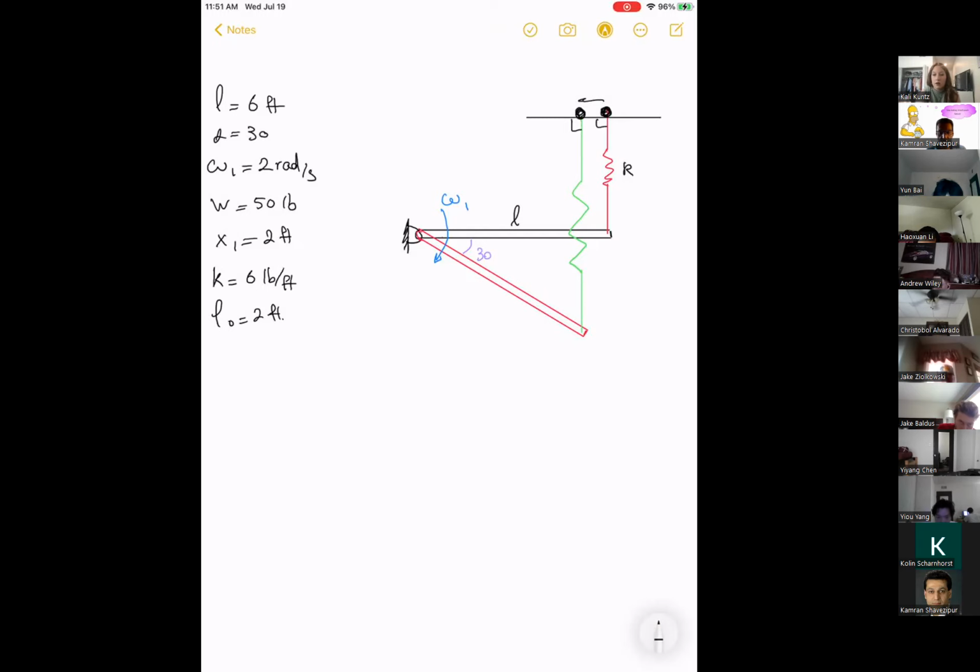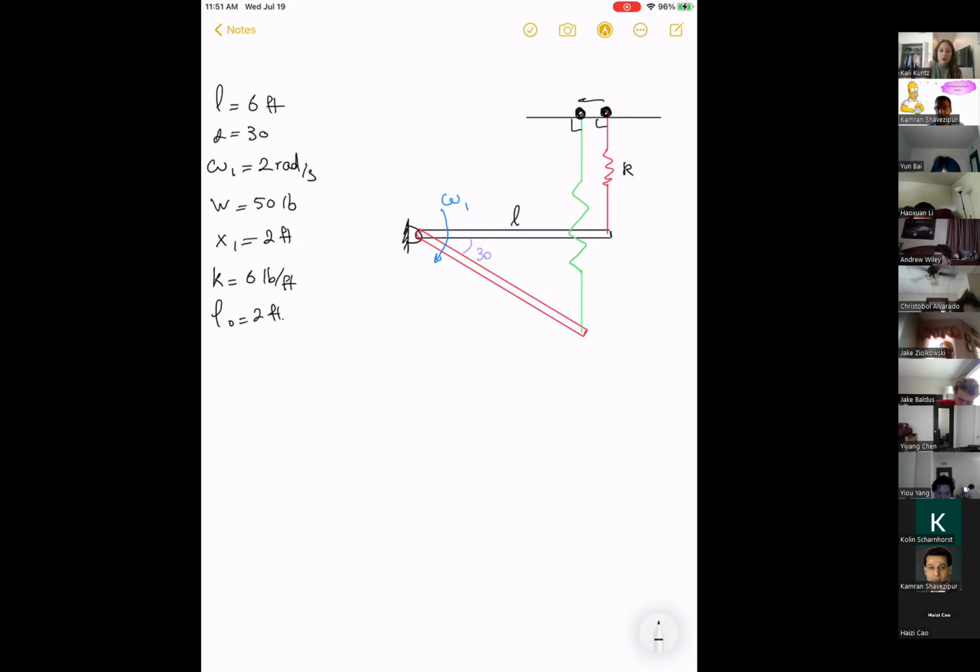Come on, guys. Give me something to start. This could be in the exam. Did you use the kinetic energy equation, like 1/2 I omega squared?